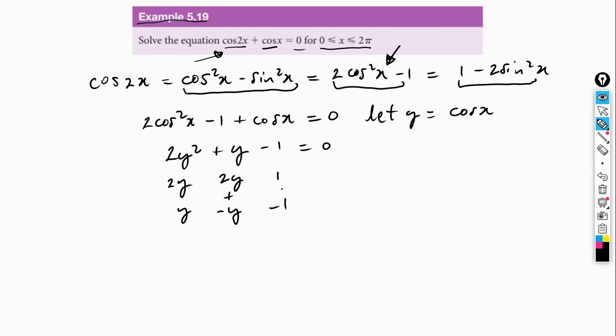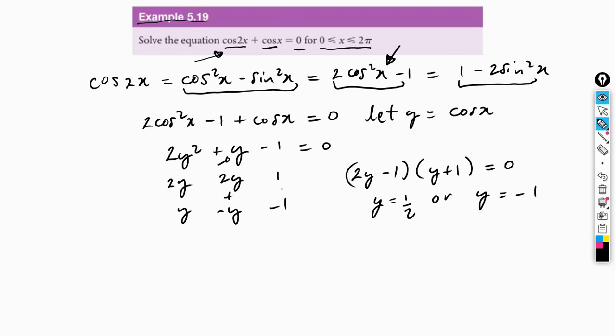If we add them, we're going to get plus y. That means that we can rewrite this as 2y minus 1 times y plus 1 is equal to 0. Therefore, y is equal to 1/2 or y is equal to negative 1.